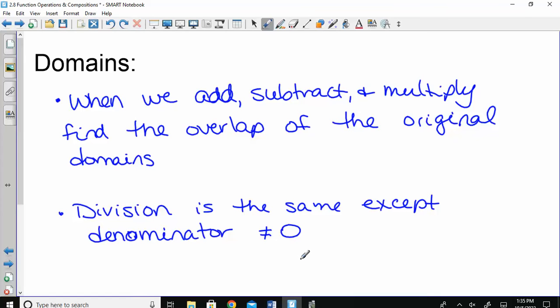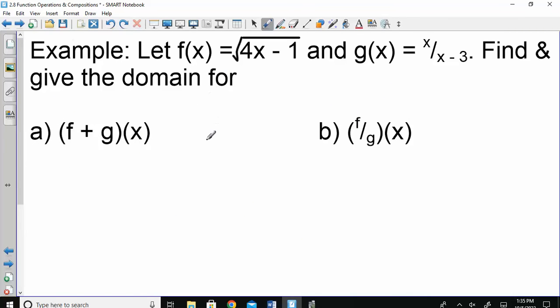So I'm going to give us a couple functions, and we're going to do some calculations and find the domain. The difference is I'm not going to give us a number to plug in. So if I said f of x is the square root of 4x minus 1, and g of x is x over x minus 3.